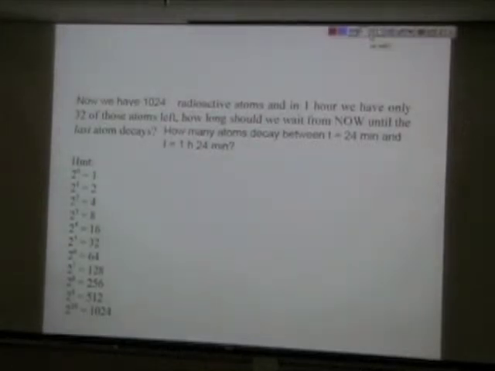Well, so what's happening here? Now means t equals 0. That's the initial time. And you have this particular amount of radioactive elements. 1 hour later, which means that's actual time, 1 hour you wait, you have left 32 radioactive atoms.